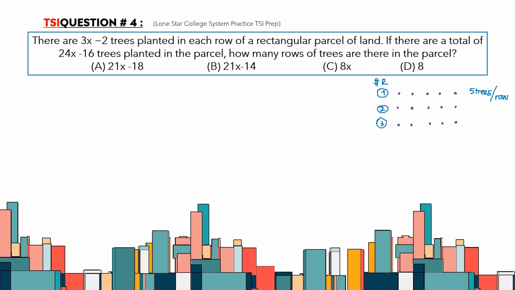So we know that for the rectangle right here, we can take the number of trees on one row multiplied by the number of rows to get the total number of trees.